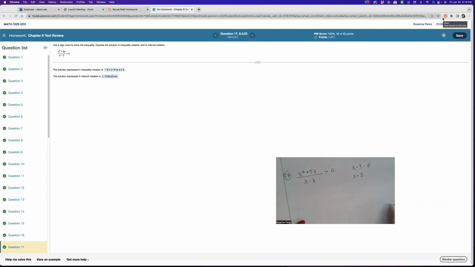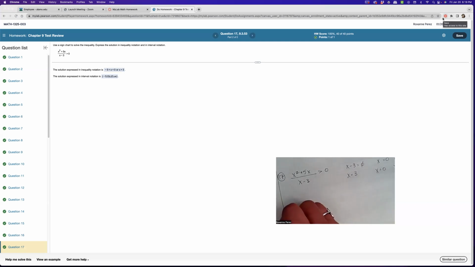And then we will also want to do the same with our numerator. So let's factor it, which is going to give us a factor of x equals 0 and x plus 5 equals 0. So solving each of those, one solution is x equals 0, and the other solution is x equals negative 5.